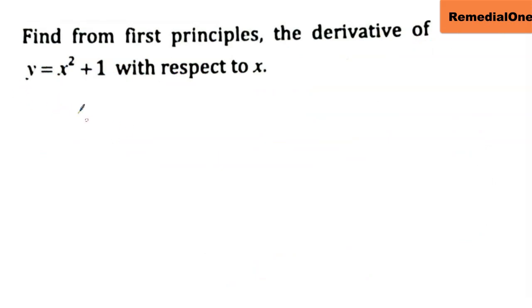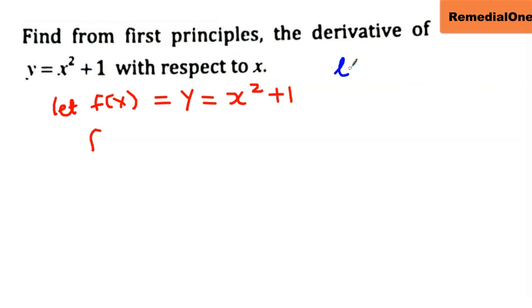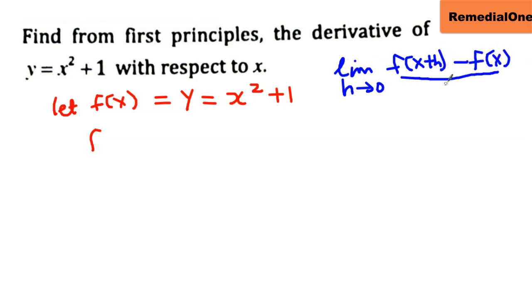Which is going to be easy peasy because it's really small as compared to the first one. So here you let f of x equal y, which is equal to this plus 1. If that is the case, we are applying the first principle, which says that the limit as h tending to 0, f of x plus h minus f of x all on h.